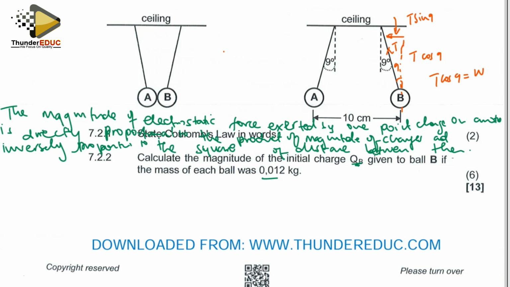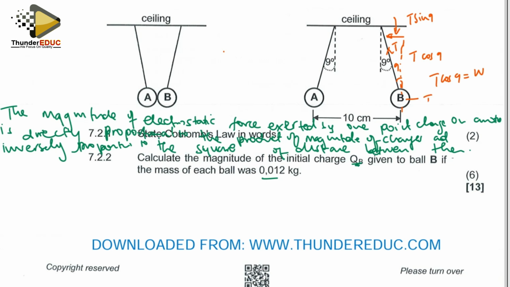And then if I look at the horizontal, since there is repulsion of the forces, this one is pushing this side and this one is also pushing that side. It makes sense, whereby this force is acting in that direction, and that force is acting in that direction.